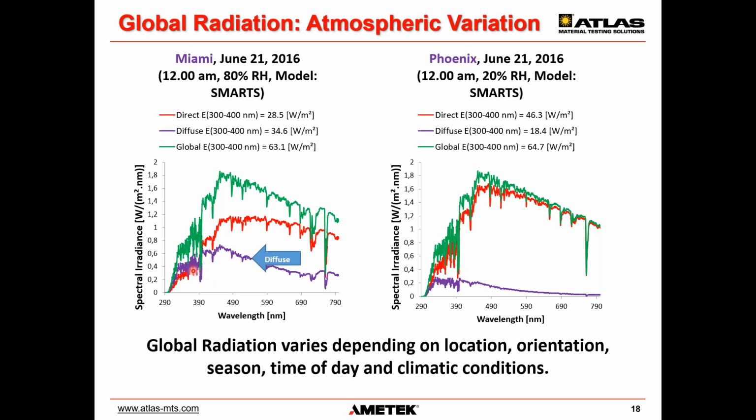And actually in the lower wavelength part of the UV, you have even more UV in the diffuse radiation with this model compared to the direct part. In a dry area like Phoenix, for example, there is not much humidity in the air, so less Rayleigh scattering. There's some Rayleigh scattering going on here, but not such a big effect as for Miami, with its moist atmosphere.